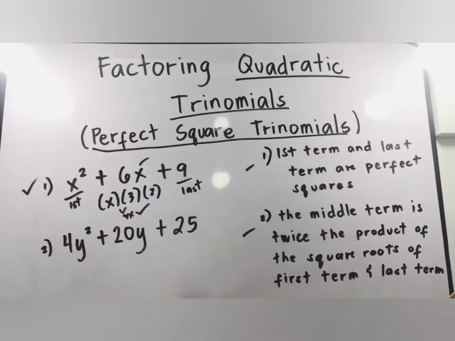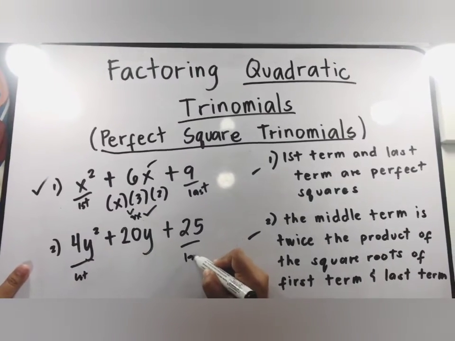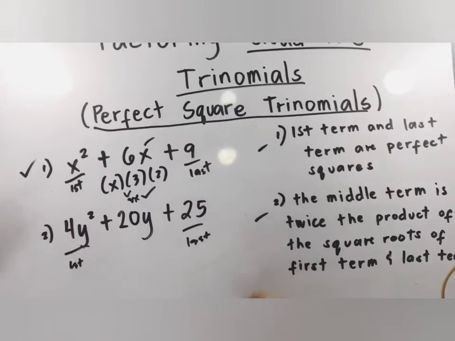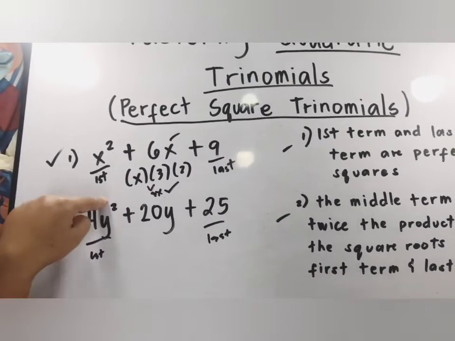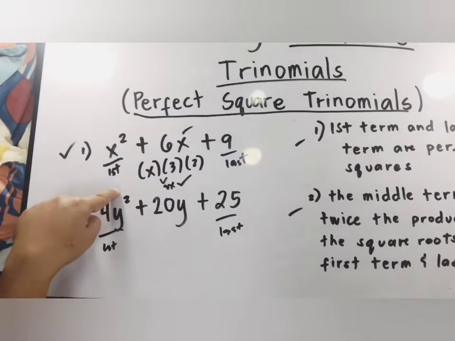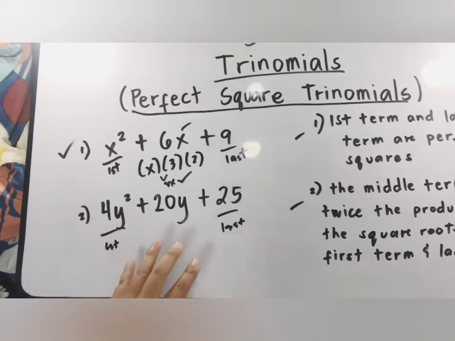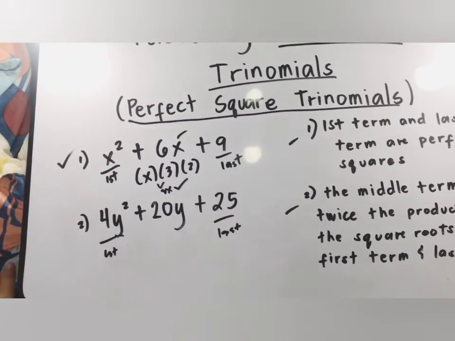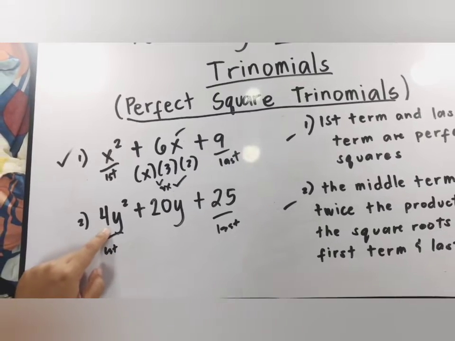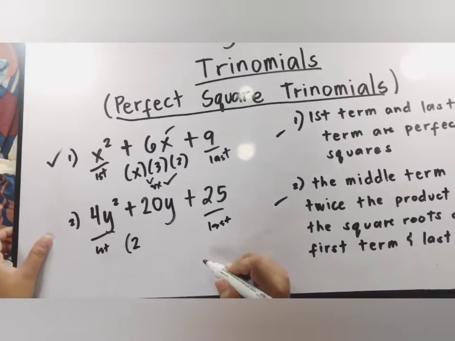Try naman natin yung pangalawa. Again, let's check the first and the last term. 4y squared. 4 is a perfect square. Y squared is also a perfect square. 25, perfect square din. So, check naman natin ngayon yung middle term. What is now the square root of 4y squared? Square root of 4 is 2. Square root of y squared is y.